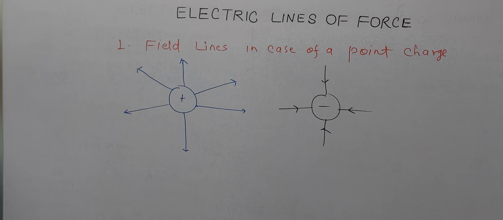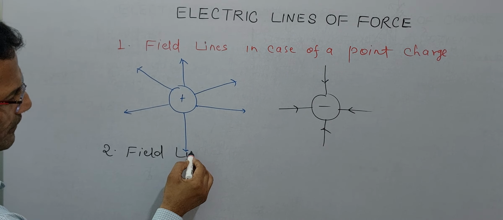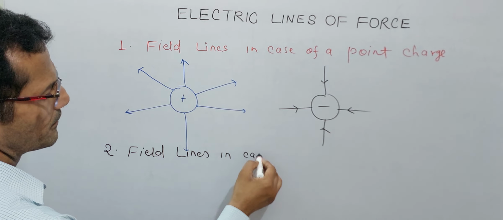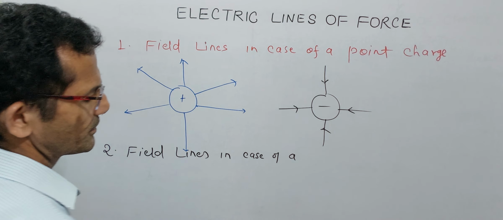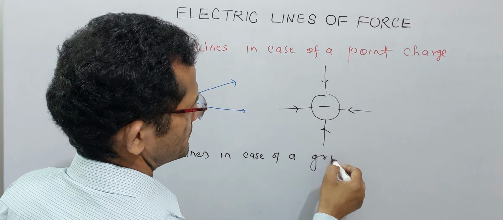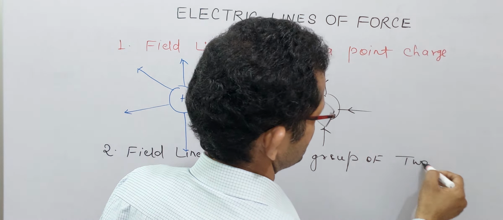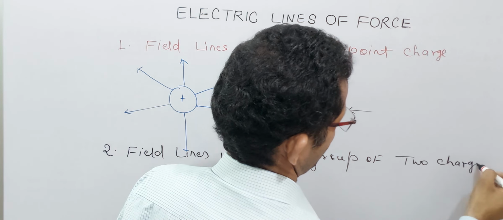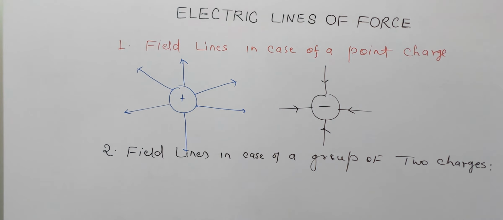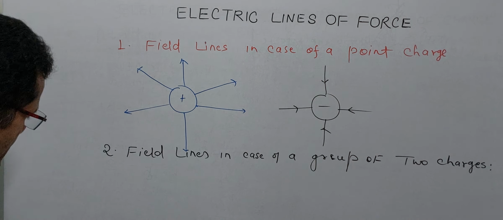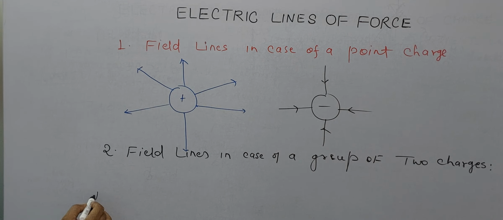Next, the second point: field lines in the case of a group of two charges. We have two charges. Let us suppose one is our positive charge and this is our negative charge.